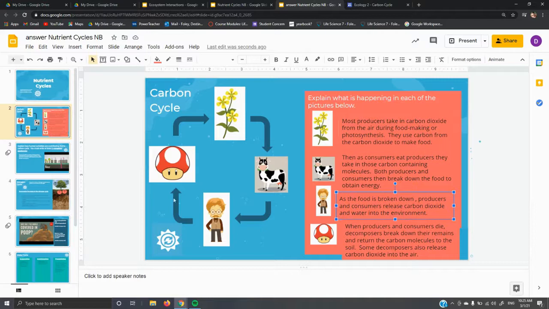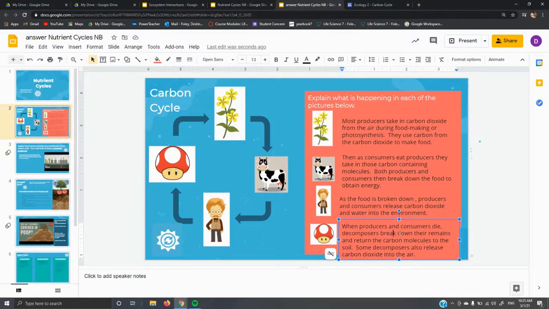And then once it's in a non-usable form, how does it get back to producers? We have our decomposers. Decomposers break down their remains and return carbon molecules to the soil. Some decomposers also release carbon dioxide into the air, which the producers use.